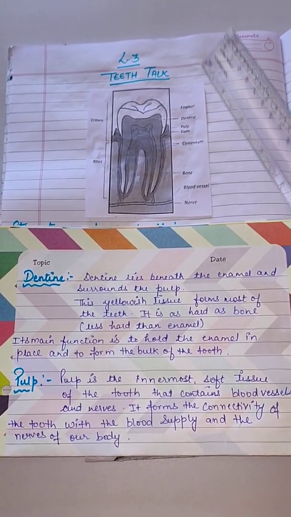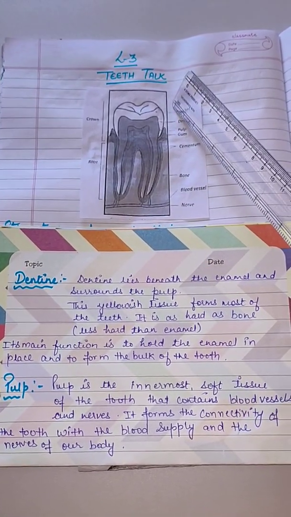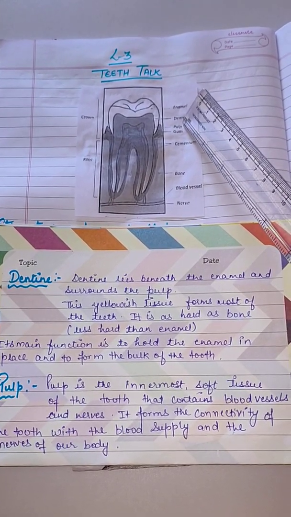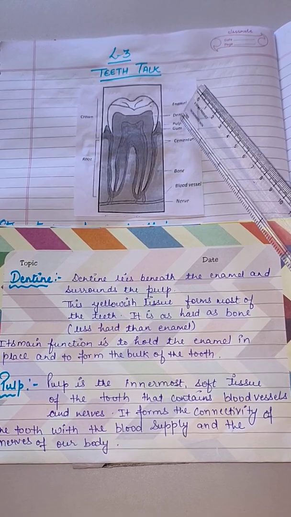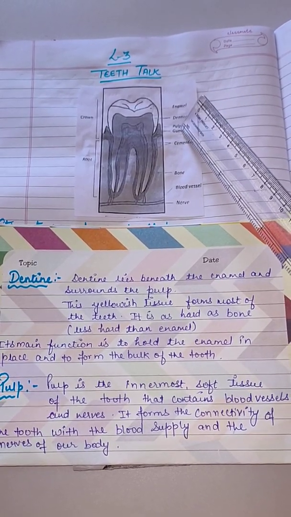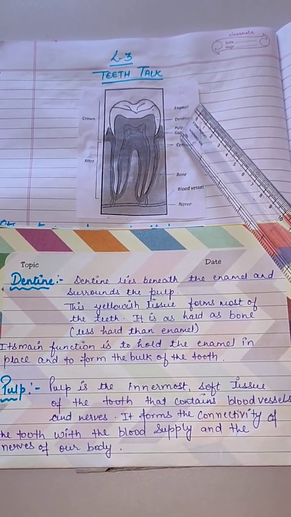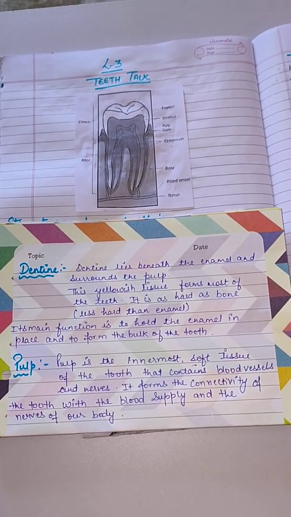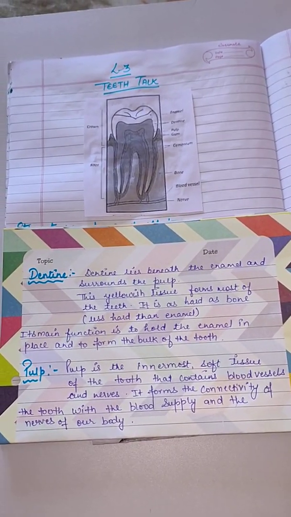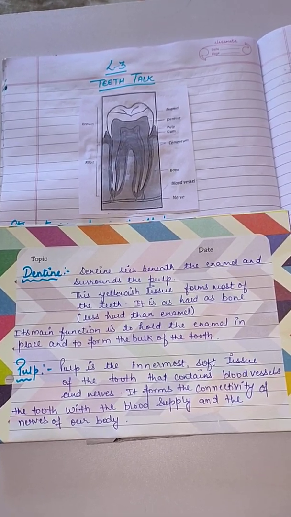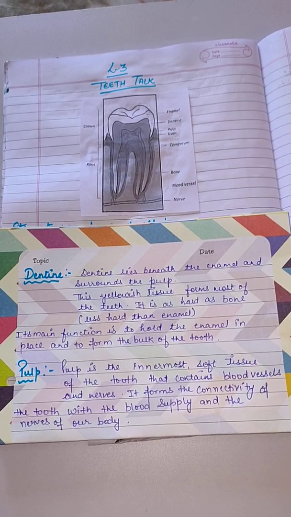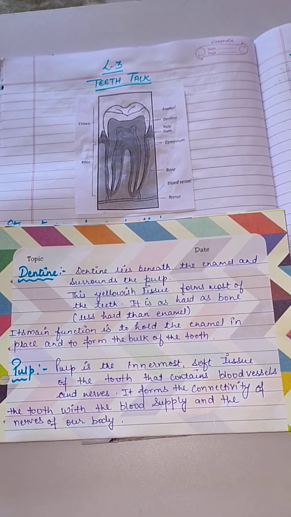So the uppermost layer is enamel, the layer beneath the enamel is dentine, and the layer beneath the dentine is pulp. All the layers of the tooth perform different functions, and all these layers constitute the structure of a tooth.